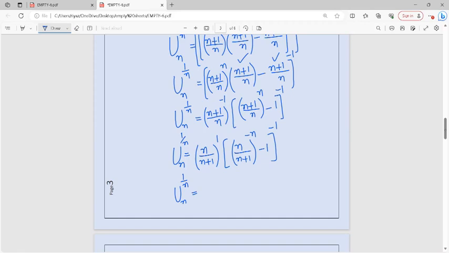If you cancel the terms, but here only we can take power negative only. We'll do one thing. Instead of doing this step, we'll do one thing, because if we cancel it, okay.